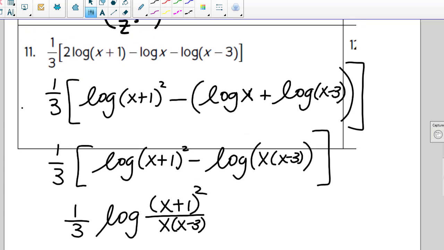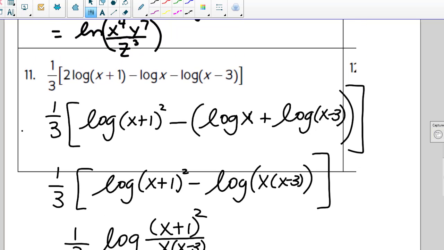Because I factored the minus. When I drop this parenthesis right here, I had to factor out these two minus signs. So I took minus from here, it became positive, and I took minus from here, it also became positive. If we were to go backwards, if I took this minus and distributed it to each of these, we'd get minus log x minus log of x minus 3.